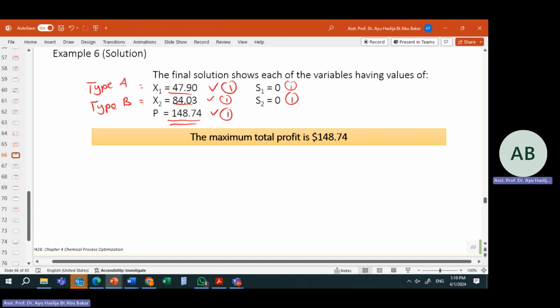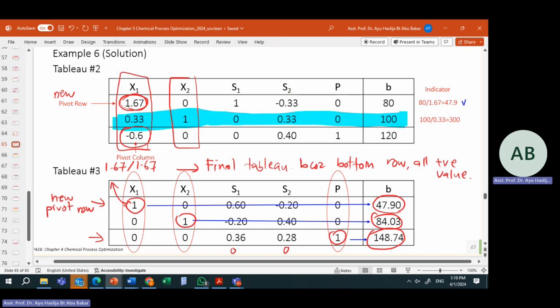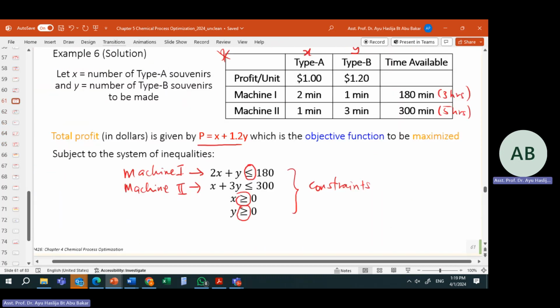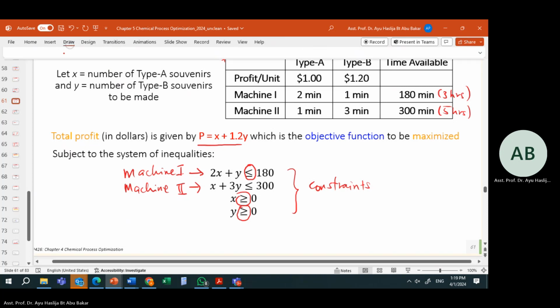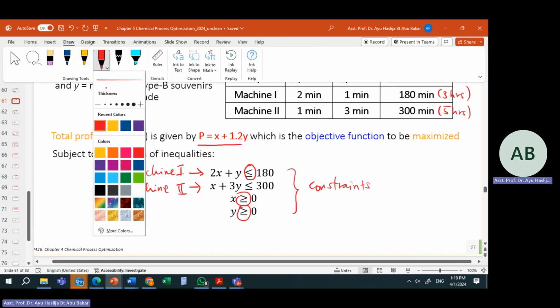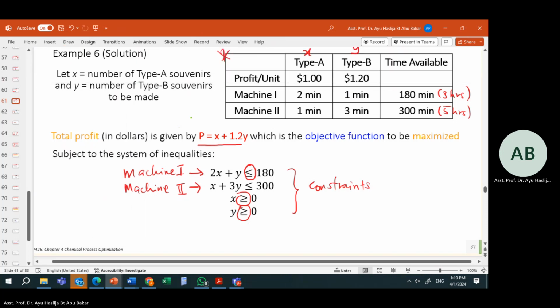Okay, any question? Okay, for the mark distribution for this kind of question, just to share with you: correct decision variables, 1 mark each.